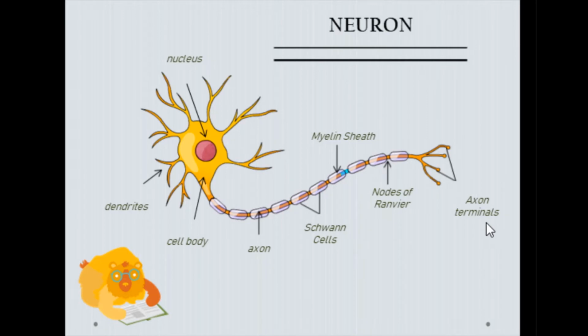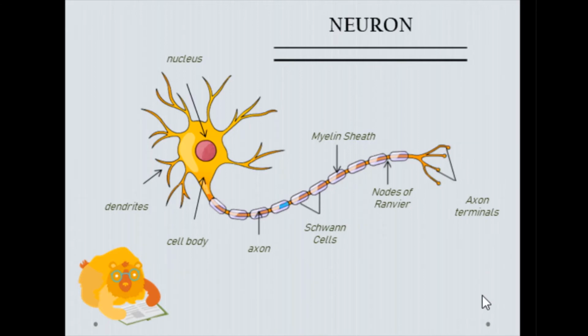Okay, let's say the parts again. Repeat after me, okay? Nucleus, dendrites, cell body, axon, Schwann cells, myelin sheath, nodes of Ranvier, axon terminals.